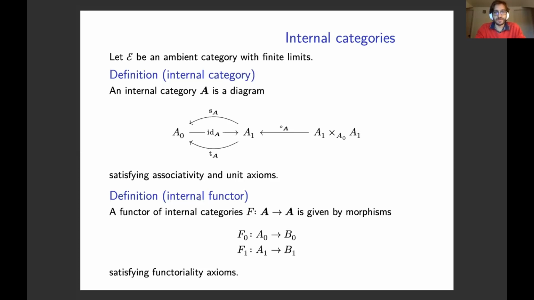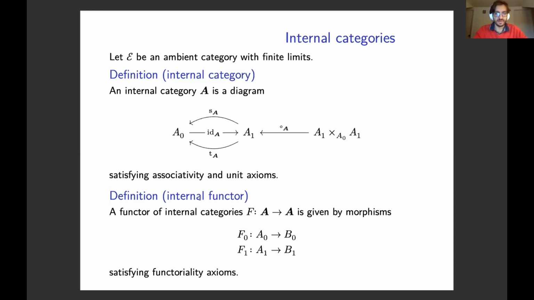So we want a source and target for the arrows. We want an identity arrow for every object, and we want composition of consecutive arrows. And these have to satisfy the usual associativity and unit axioms that are precisely the translation, in the internal language of the ambient category, of the usual axioms for categories.